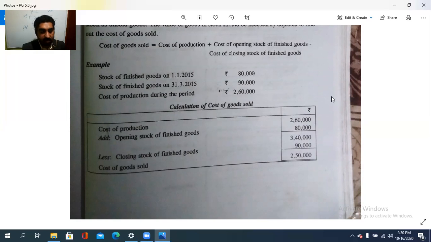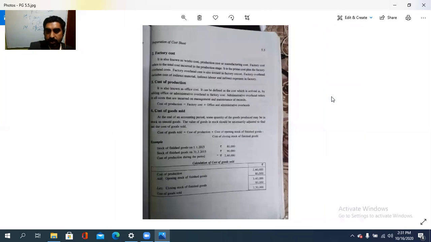So what all do we see? Prime cost we see, factory cost we see, COP means cost of production or office cost or administrative cost we see, and then COGS, cost of goods sold, where to the cost of production we add the adjustment of opening stock of finished goods and closing stock of finished goods; the difference is added to the cost of production, and we get the cost of goods sold.